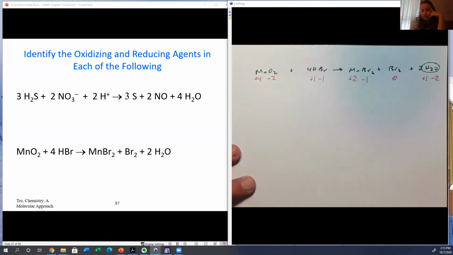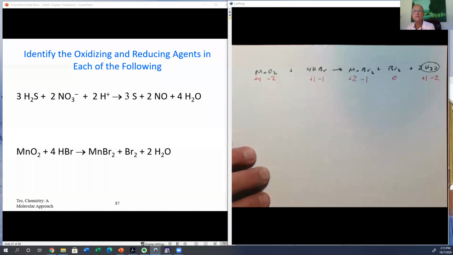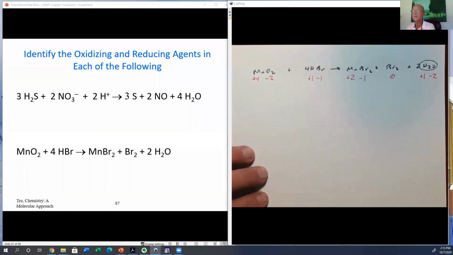Okay, all right, awesome. So now we want to look and say, what is being oxidized here? Remember, oxidation is an increase in oxidation state. Is bromine being oxidized? Bromine, correct.